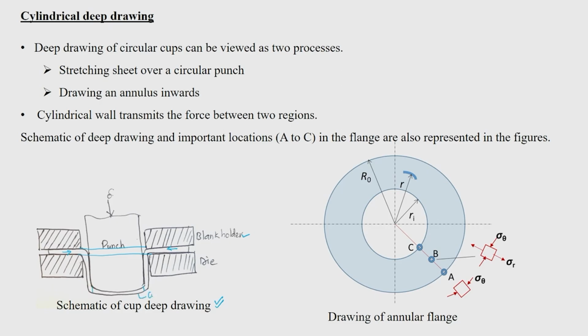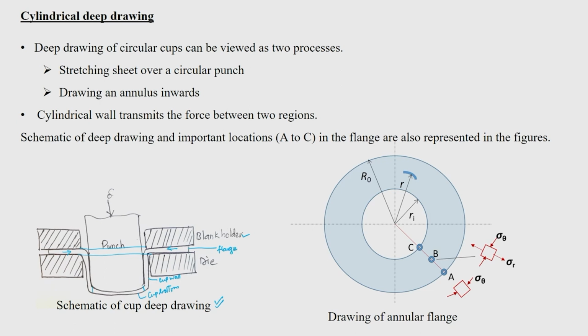This is your cup bottom, that is going to form first. After that, the entire process is all about converting the flange region into cup wall. This is your cup wall region, and this is your flange region of the cup.